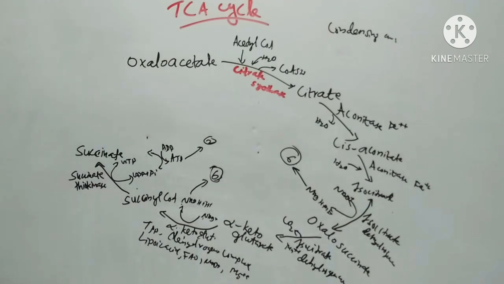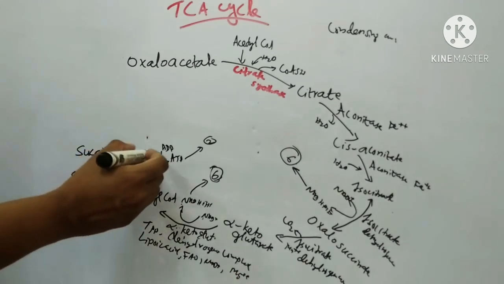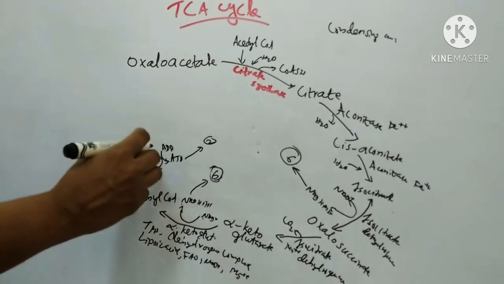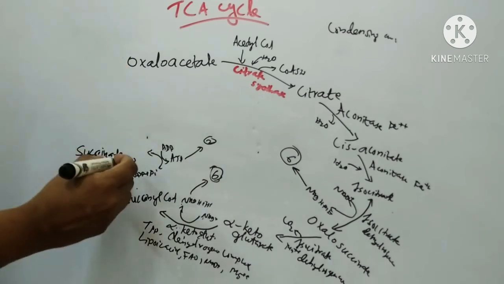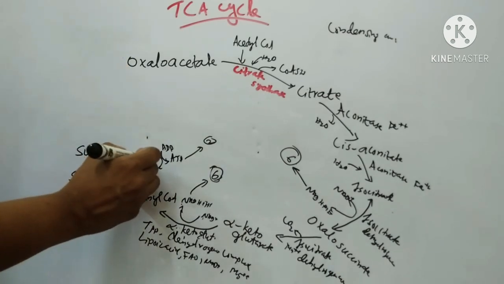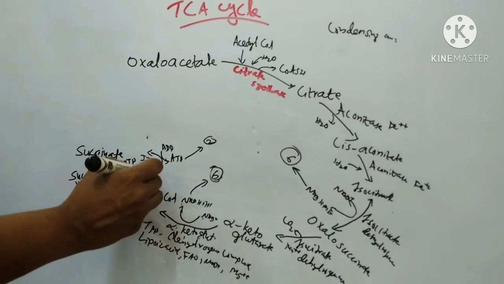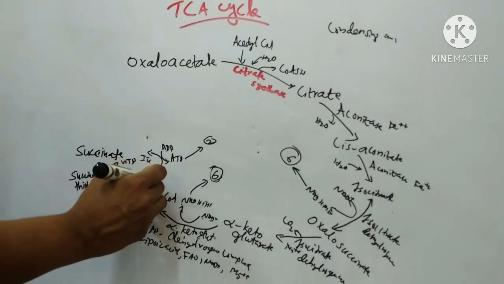In the presence of nucleoside diphosphate kinase, a high energy phosphate bond is produced, with GTP or ITP and GDP or IDP.